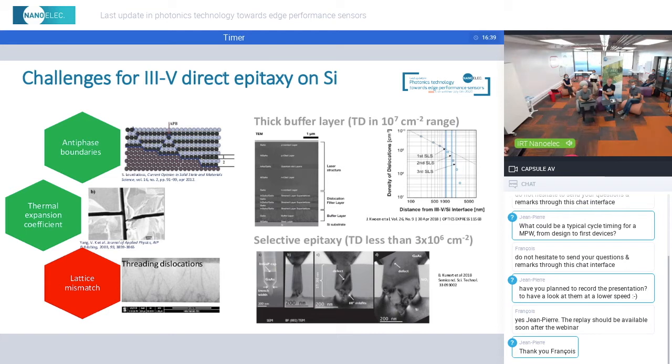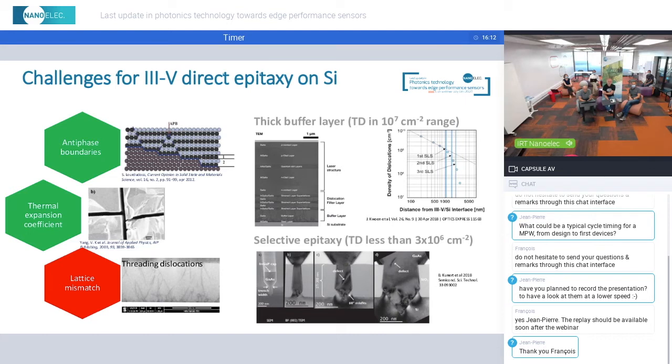So to do this, there are different ways. The first way is to grow a thick buffer layer. It's at the top right of the slide. And people are using dislocation filters, inserting dislocation filters before growing the NIP junction and the active region. And currently, the best result concerning threading dislocation density is in the 10 to the 7 per square centimeter range.